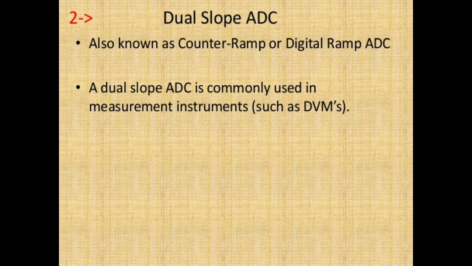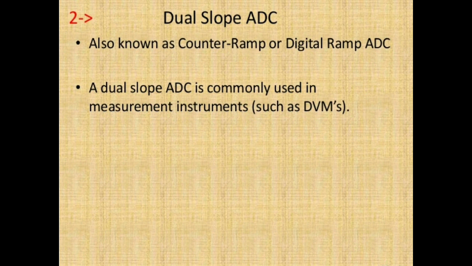Because various conversion methods and conversion technologies are employed in digital voltmeters, so one way or the other this type of A to D converter is used in almost all digital voltmeters, mostly for measuring purposes. That is the application of this dual slope A to D converter.